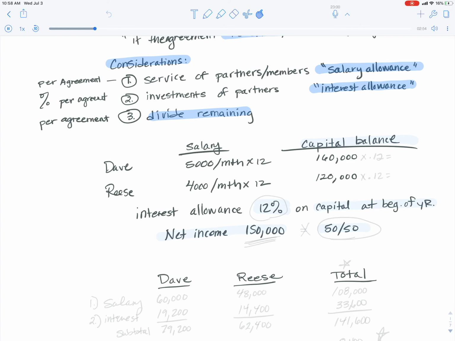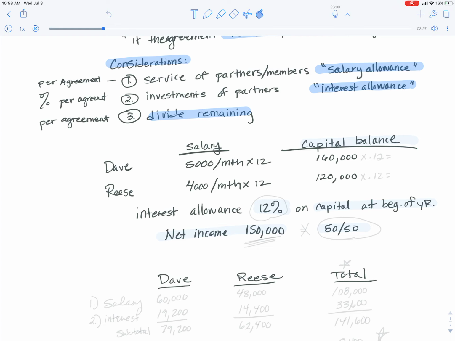So here's an example of how I would set up dividing income. I've got Dave and Reese. Dave has a salary allowance of $5,000 a month, so that's $60,000 a year. He has capital in the company of $160,000, and Reese has a $4,000 salary allowance a month, which is $48,000 a year, and a $120,000 capital account balance.